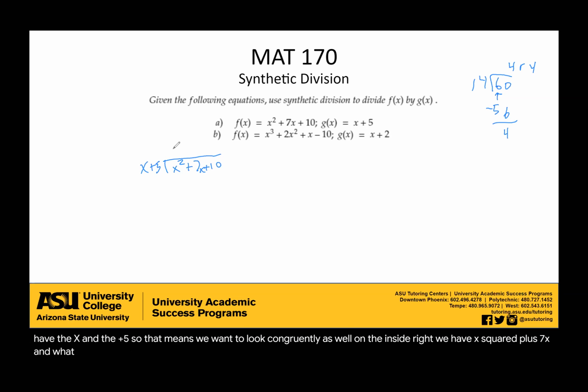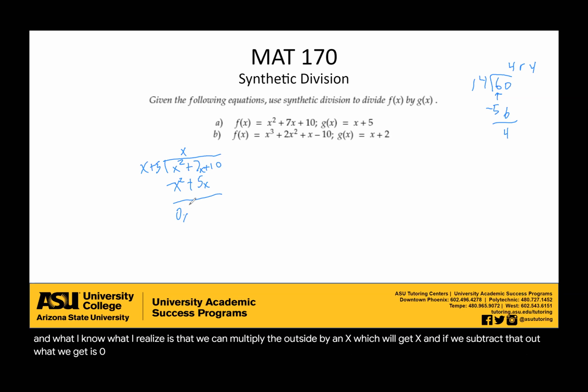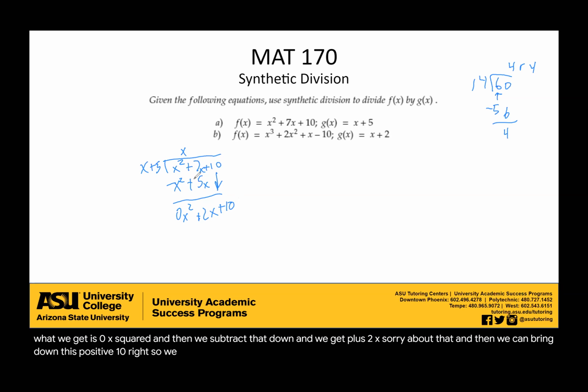We can multiply the outside by an x, which will get us x squared plus 5x. If we subtract that out, we get 0x squared, and then plus 2x. Then we can bring down this positive 10, so we get 2x plus 10.